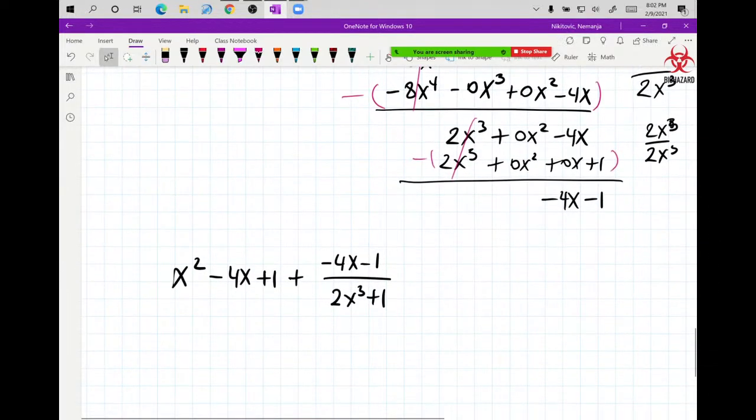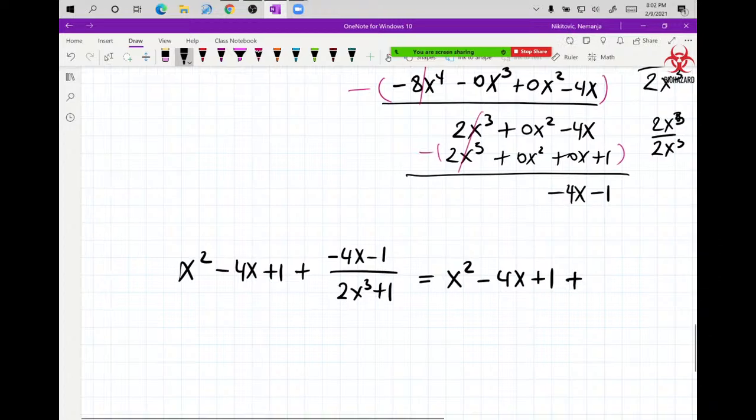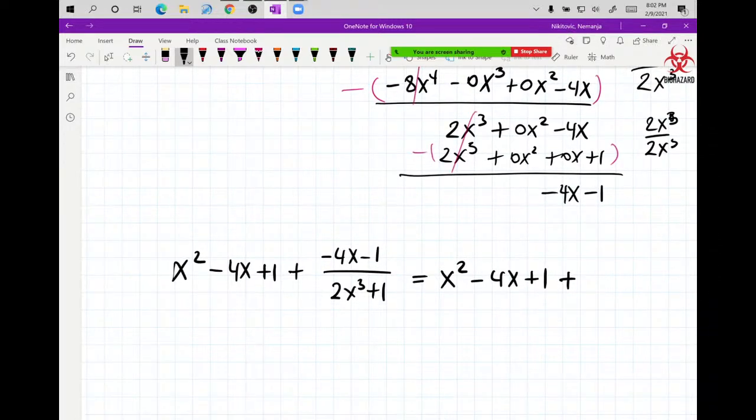You can factor this negative on top. So x squared minus 4x plus 1 plus, oh, actually no, minus because you factor it, and it becomes 4x plus 1 over 2x cubed plus 1.